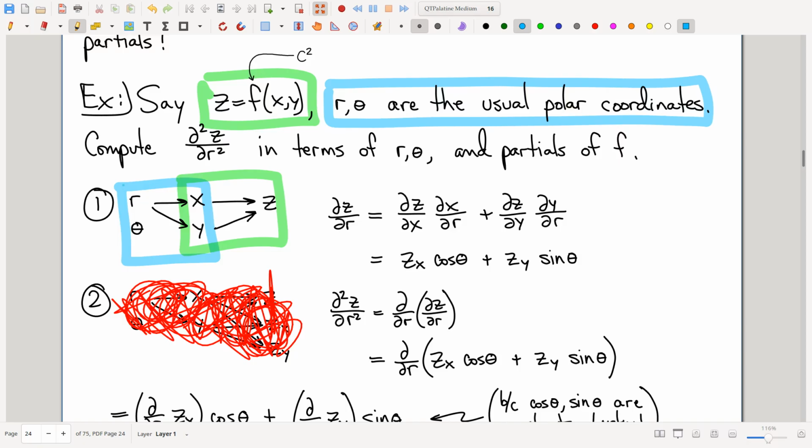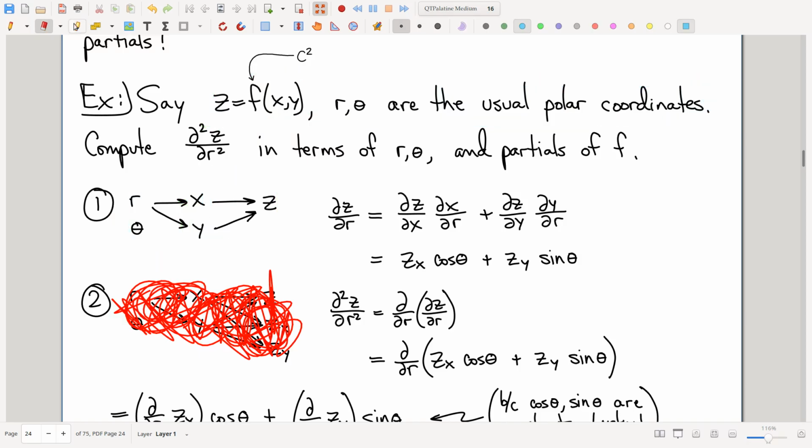Right? Remember those formulas? x is r cosine theta, y is r sine theta. So we have a composition here, and let's suppose that we want to compute the second partial of z with respect to r.